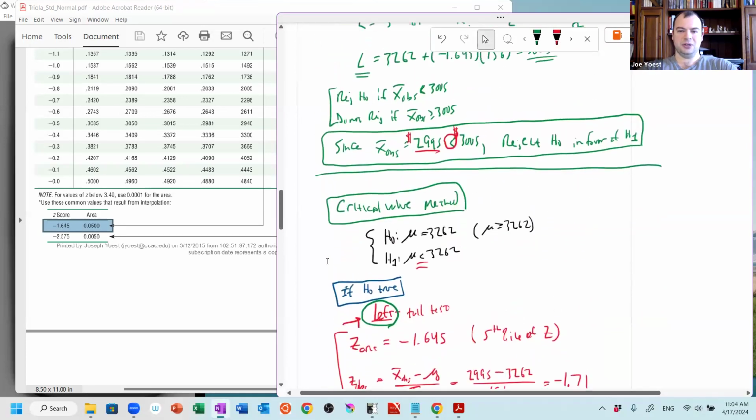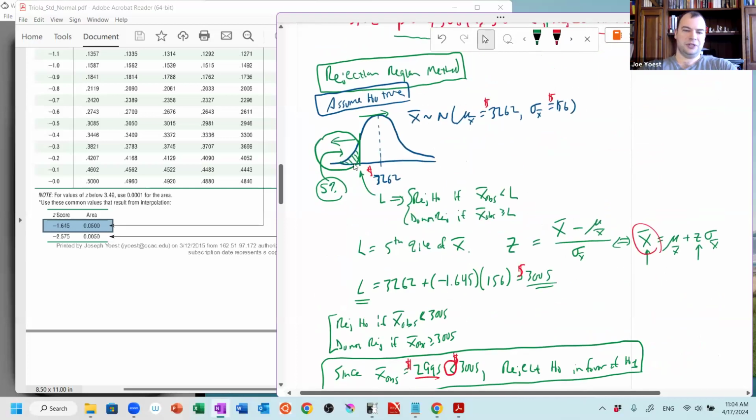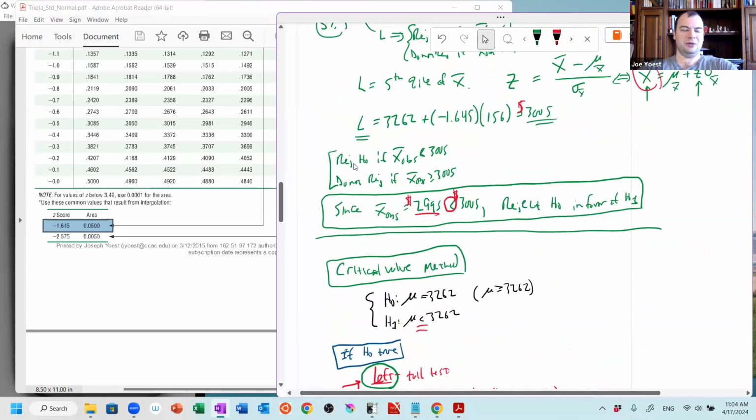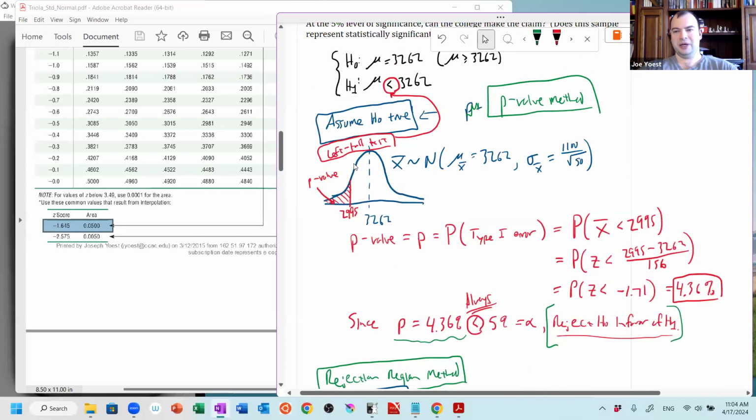For the t-test for mu, finding a p-value to any good degree of accuracy is kind of difficult, so rejection region or critical value might be the way to go. Although we will see that we can reverse engineer the t-table a bit to get an estimate on a p-value that is probably going to be accurate enough for what we need.